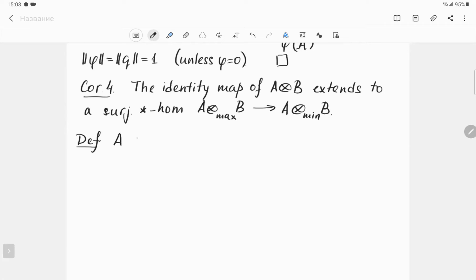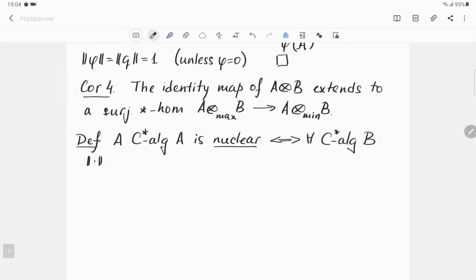If we have a C-star algebra A, we say that A is nuclear if for every C-star algebra B, the maximal norm and the minimal norm on their tensor product are the same. We have the following equality.